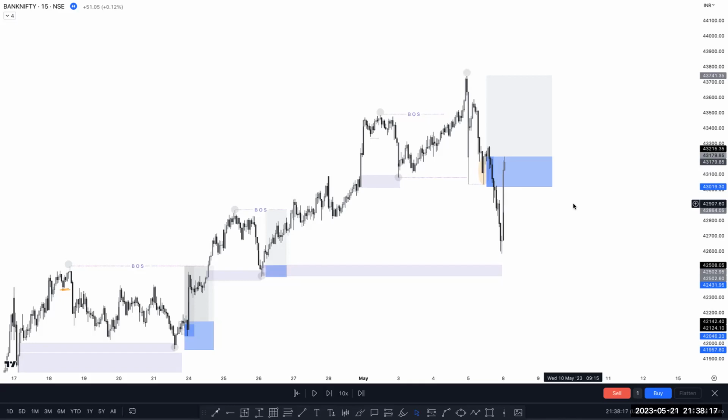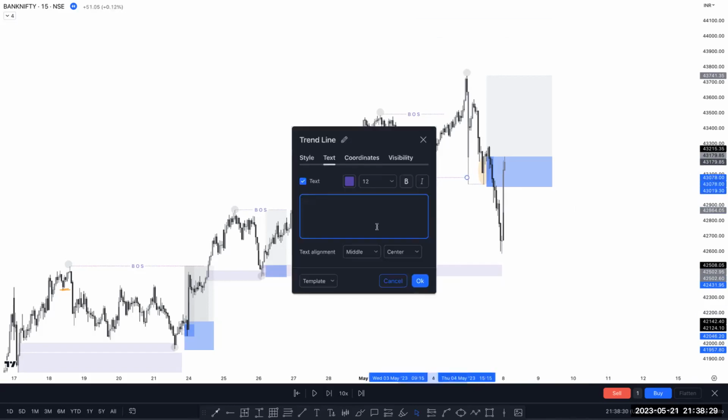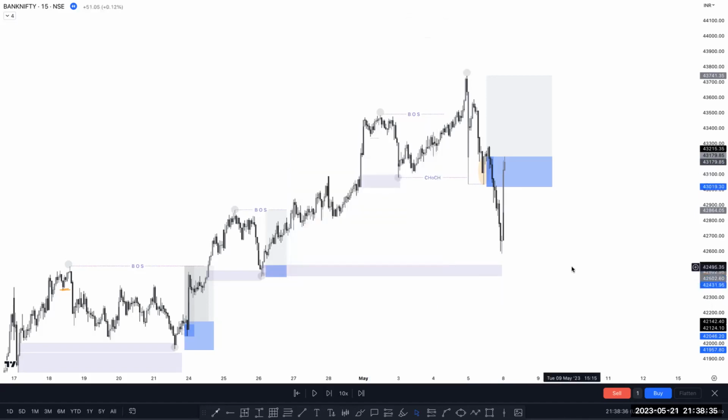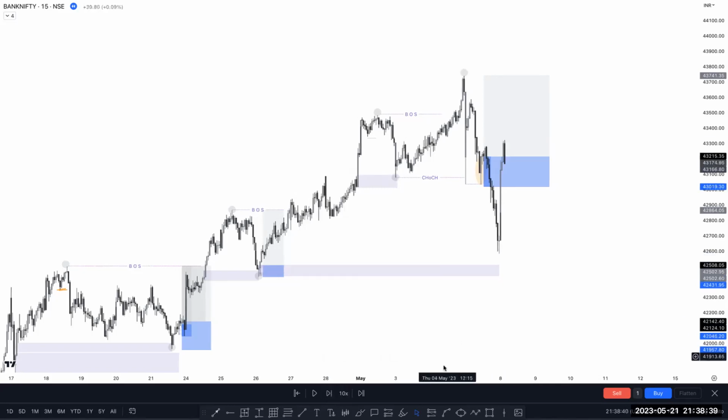Okay. And always you have to take additional confirmation before the buy or sell. Okay. So right now, this is our choch happened here. So again, you have to do this one is an inducement.